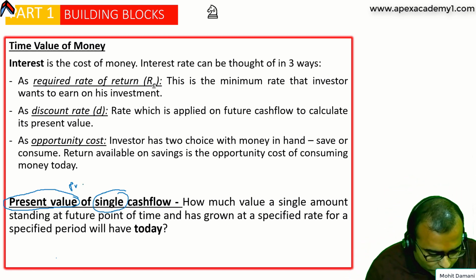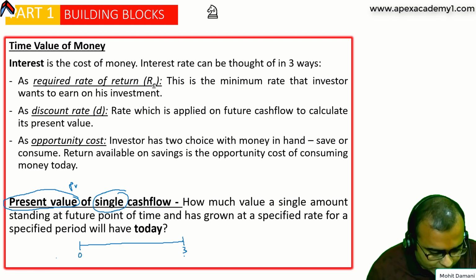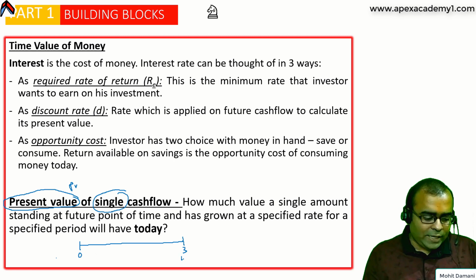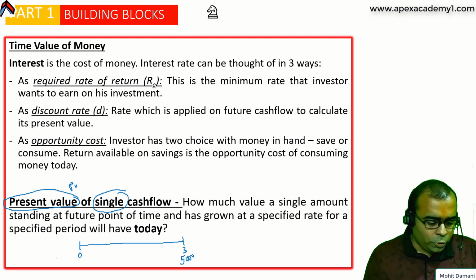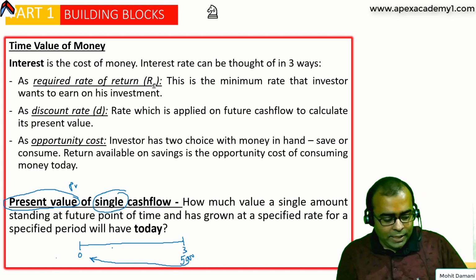The concept is very simple. What you are trying to do is draw a timeline. You are standing at the 0th day and the cash flow is standing at the 3rd year, and suppose the cash flow is $5,000. You want to sell this cash flow and determine its value at today's date.